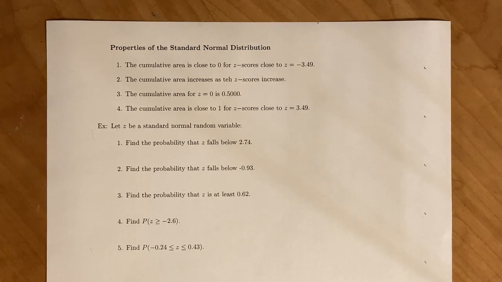To make heads or tails of that, you find in the column underneath the z the negative 3.4, and then in that row you find where it has 0.09.